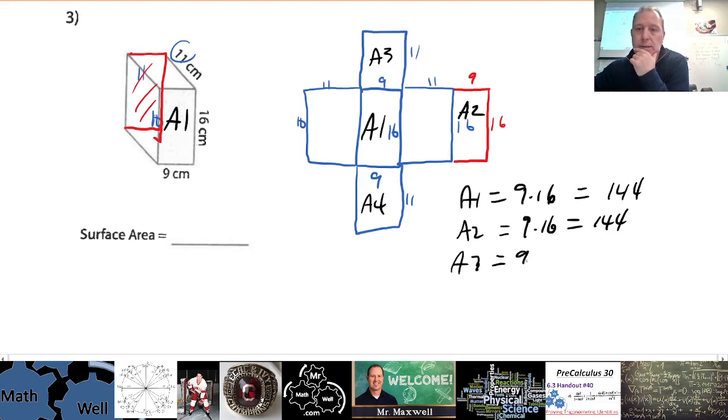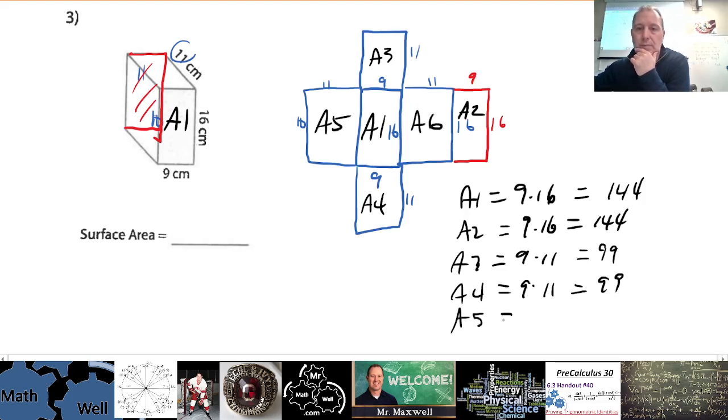Area 3, 9 times 11 is, what's that? 99. A4 is going to be the bottom side, same thing. And then A5 and A6 will be the two sides. Looks like they should be the same. 10 times 11, which is 110 for each.